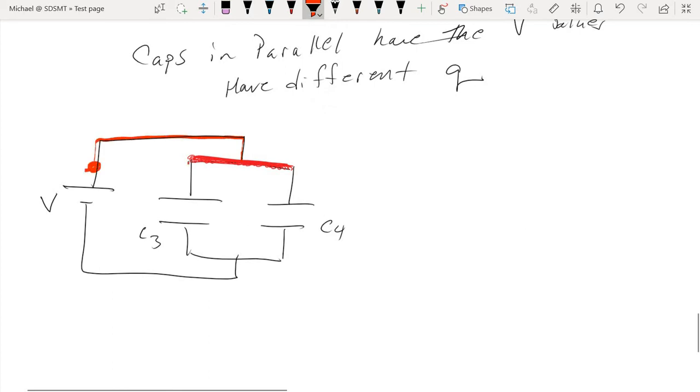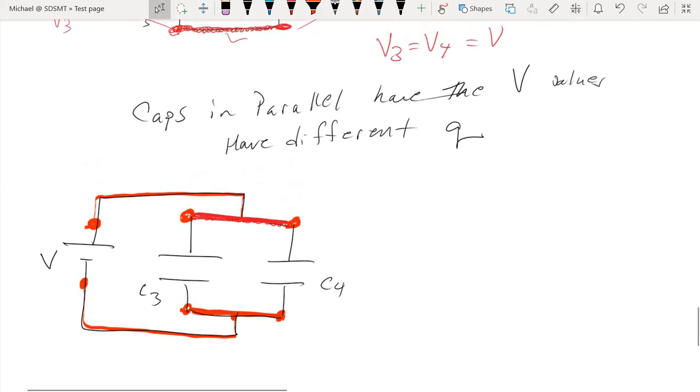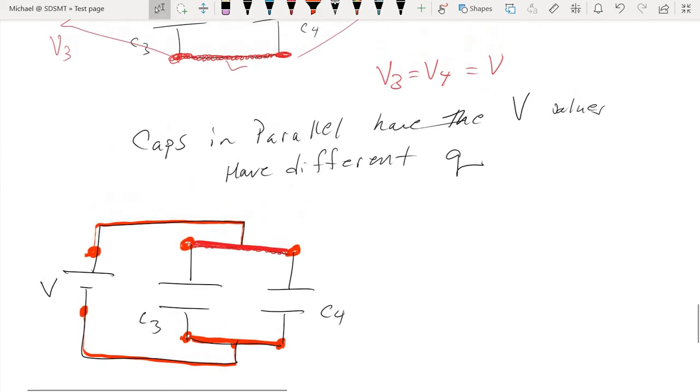Well, we can now see that the head of each capacitor is connected to the head of the battery. And what about down here? What about the tails of the capacitors? Well, they're connected together, but that connection is connected to the bottom of the battery. So looks like both capacitors not only have the same potential, but they have the same potential as the battery.